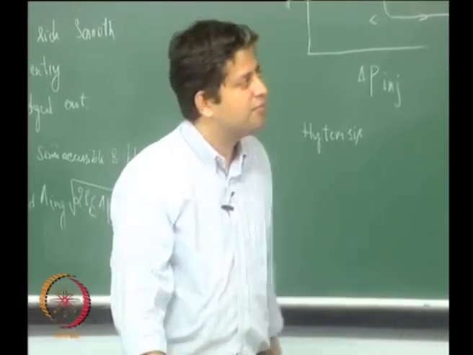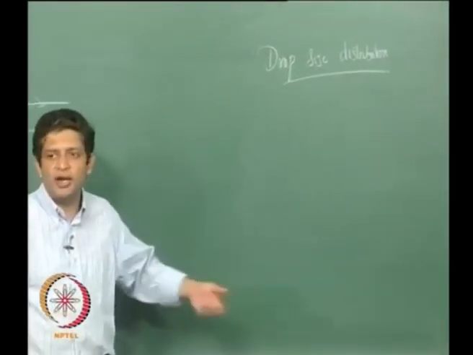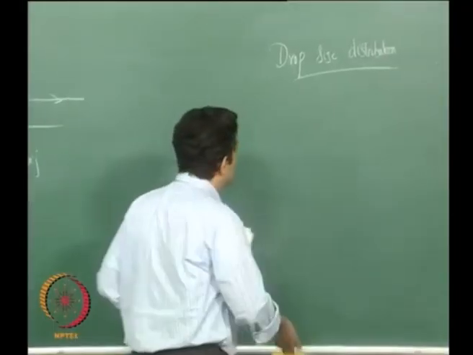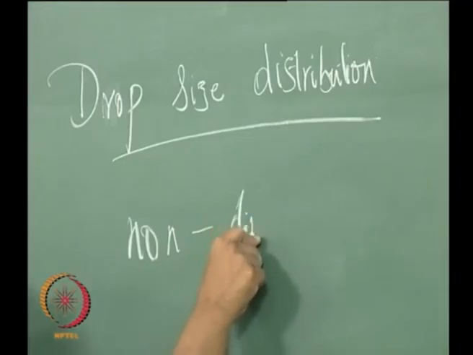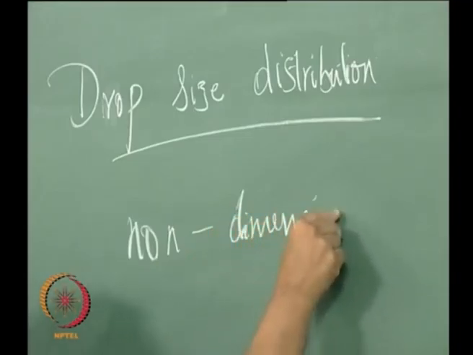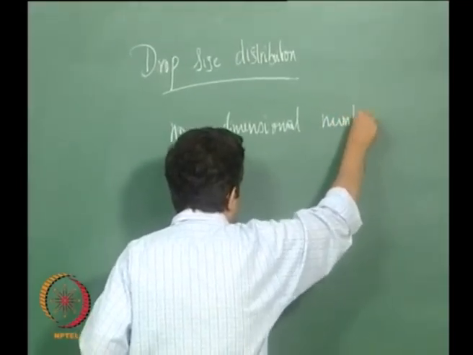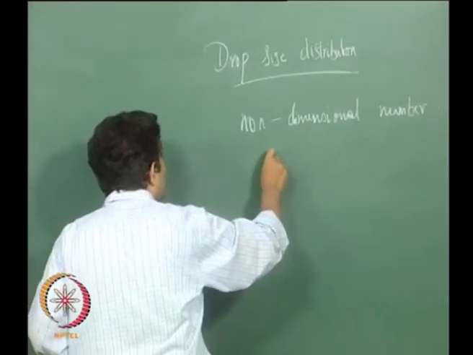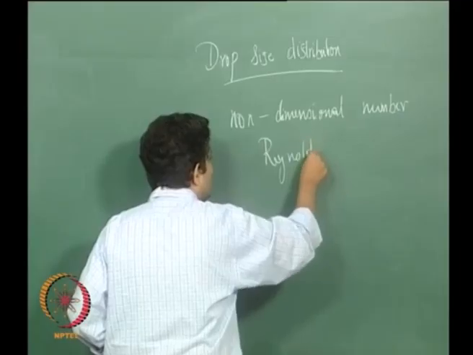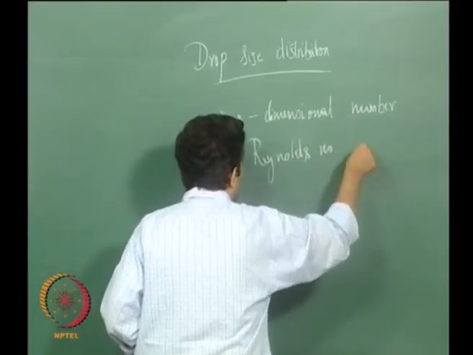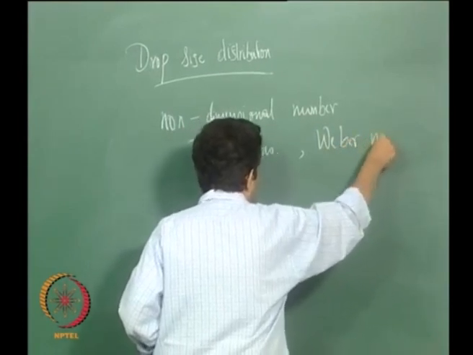If you put this down in terms of non-dimensional numbers, the relevant ones here are the Reynolds number and the Weber number.